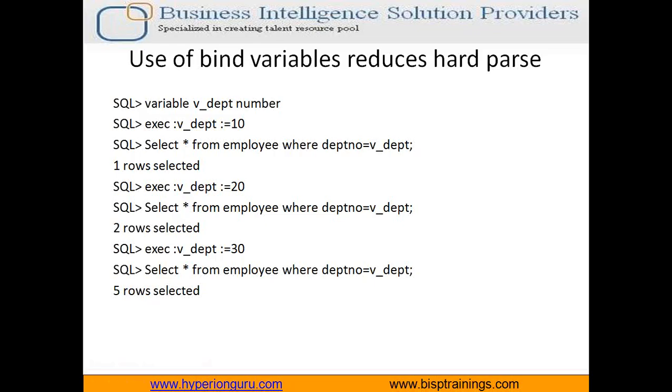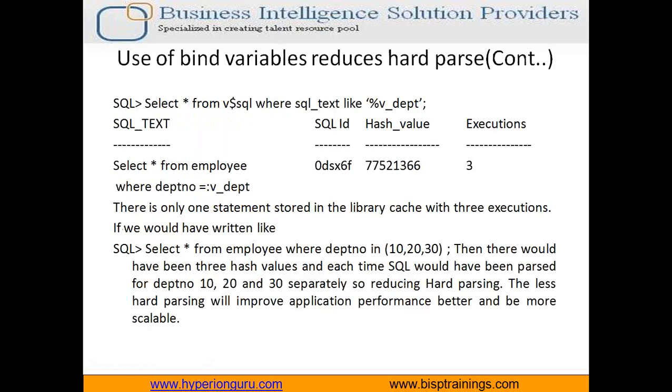The big difference is that when you write a SQL statement using a bind variable, even with different where conditions assigned to the bind variable, it is cached only once. So hard parsing will not be done for 10, 20, and 30. You can see there is only one SQL ID or hash value.